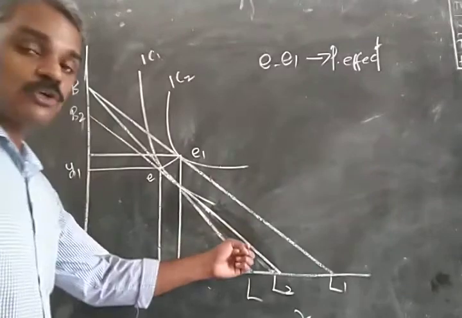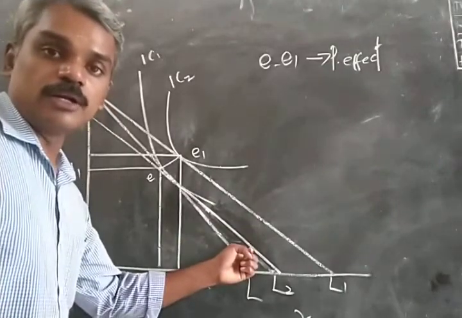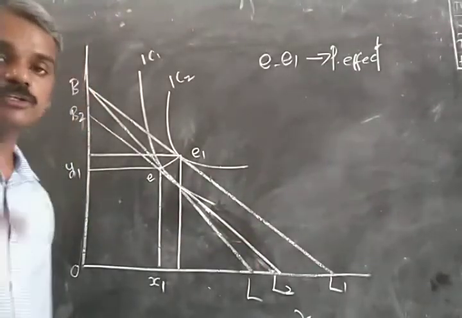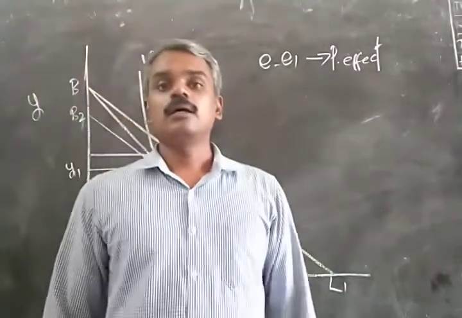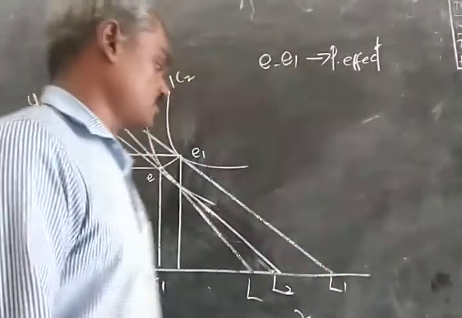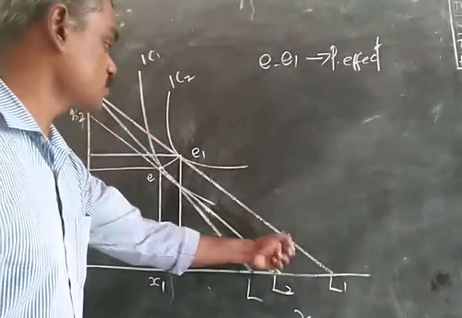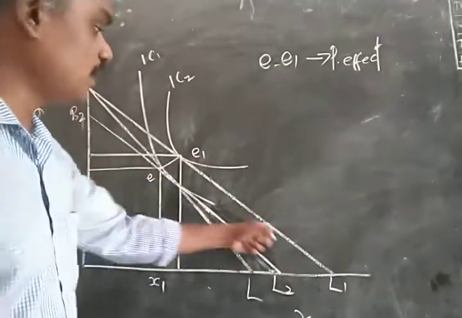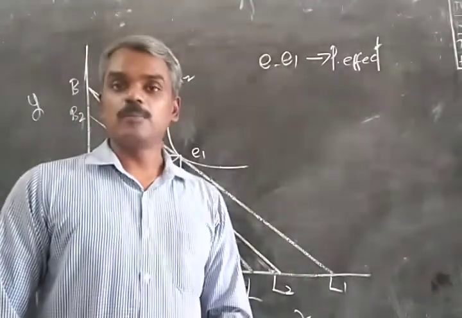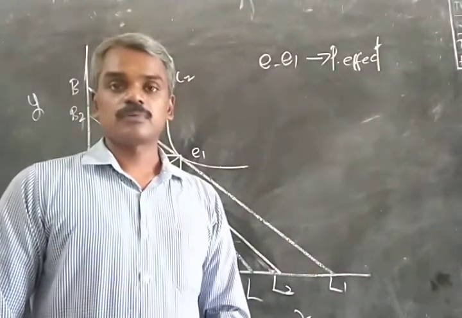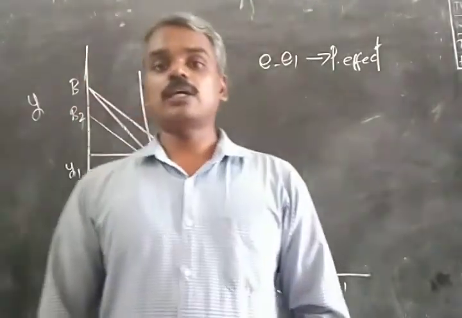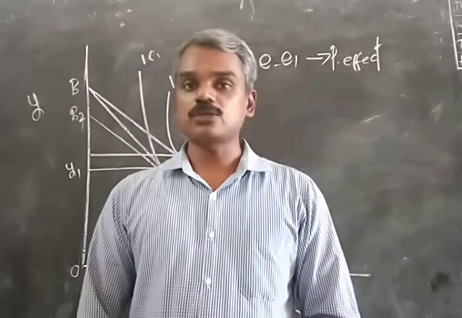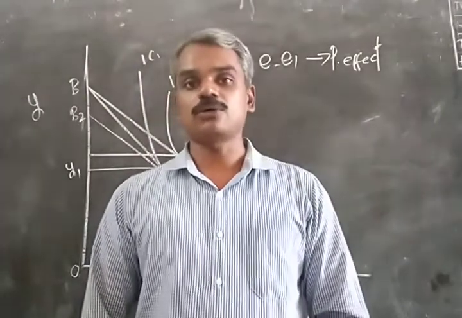And so when we are redrawing the budget line by reducing real income, it should be drawn in such a way that the price ratio does not get affected, or the slope of the shifted budget line B2L2 should be equal to the slope of the budget line BL1. So the two budget lines should have identical slopes, which means that the price ratio has not changed.